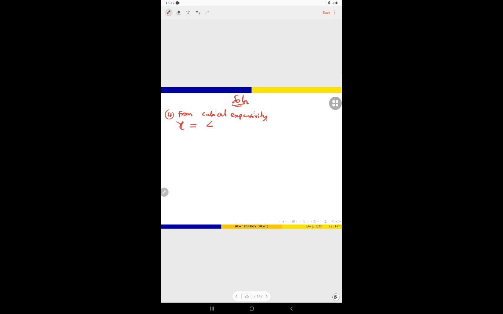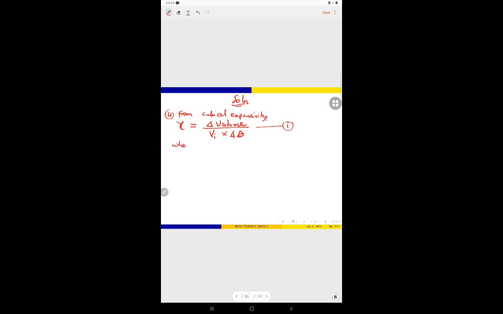Gamma is change in volume over initial volume times change in temperature. When we are talking about cubical, it has to do with volume, right? So go through the same approach I did. Let's call this equation 1.